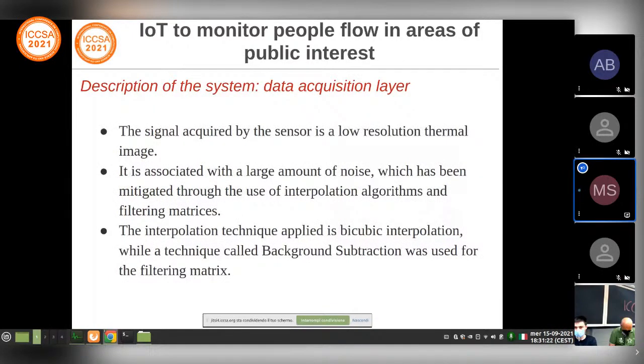The sensor's output signal is a low-resolution thermal picture, and it comes with a lot of noise. This noise can be reduced, and we did that by using interpolation techniques and filtering matrices. The interpolation technique we used is bicubic interpolation, and the filtering matrix was created using a technique called background subtraction.